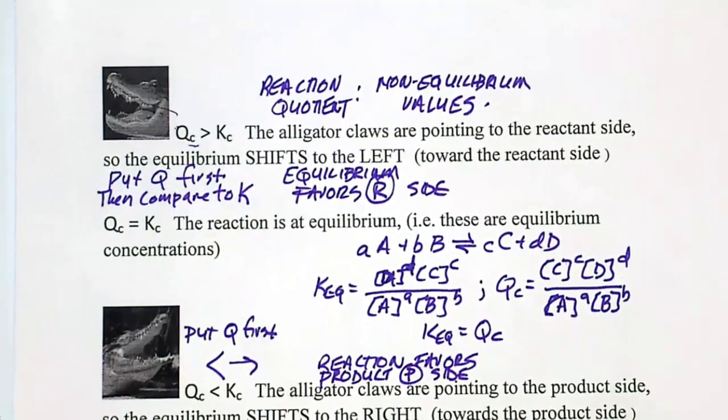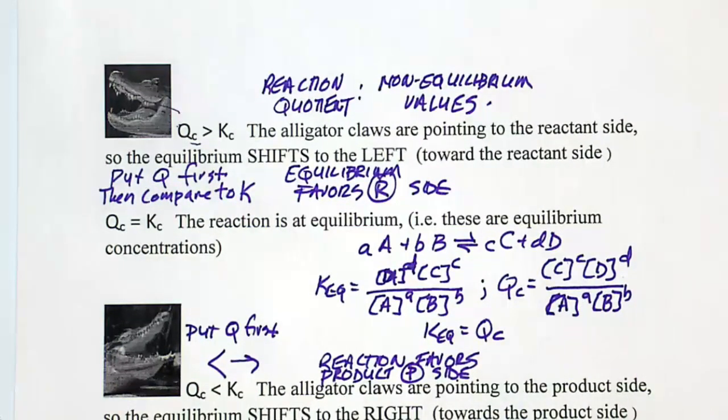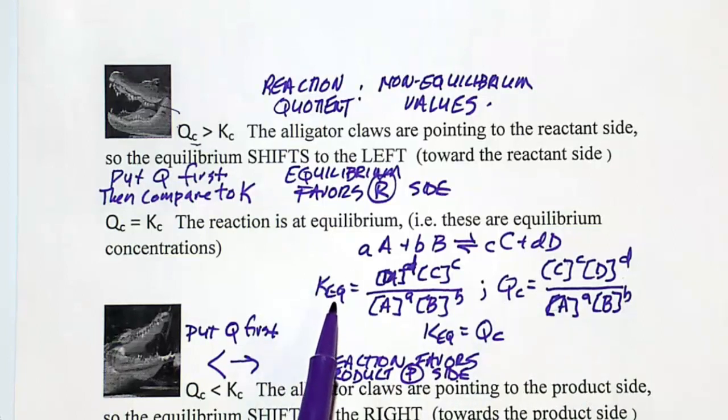When you calculate the reaction quotient, you're given non-equilibrium values, or you're being asked in the question whether these are the equilibrium concentrations. You calculate using the exact same formula as the equilibrium constant. If they're equal, you're good as gold. You know you have equilibrium concentrations. The reaction has settled to the equilibrium concentration of reactants and products.